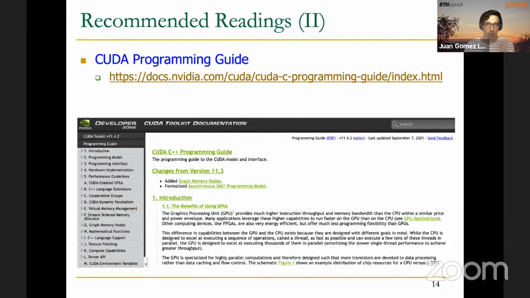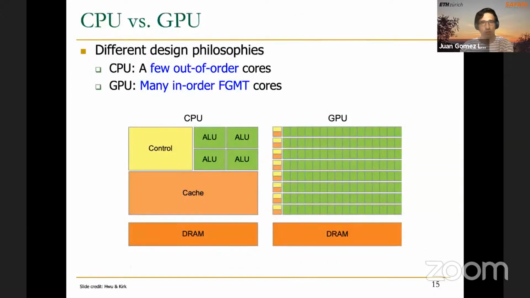NVIDIA folks review this documentation very frequently and add many details about the hardware and the software over time, as new features are included in the CUDA SDK or in the GPU hardware itself.